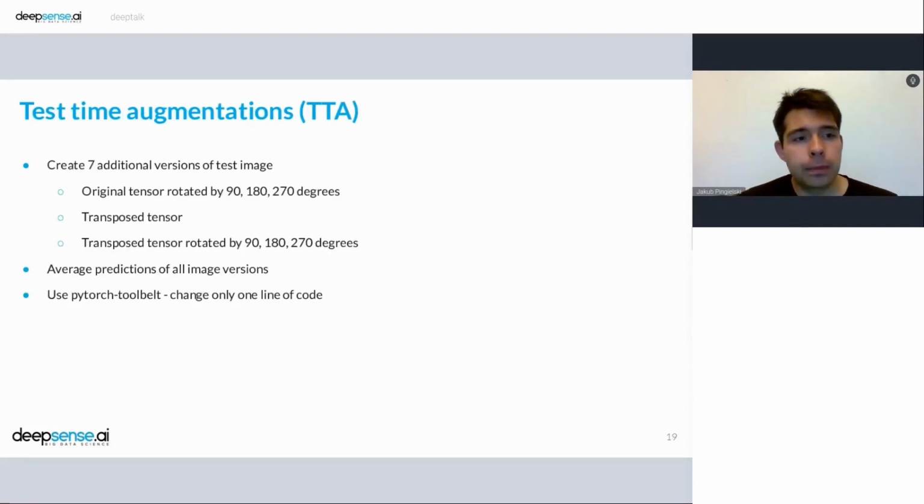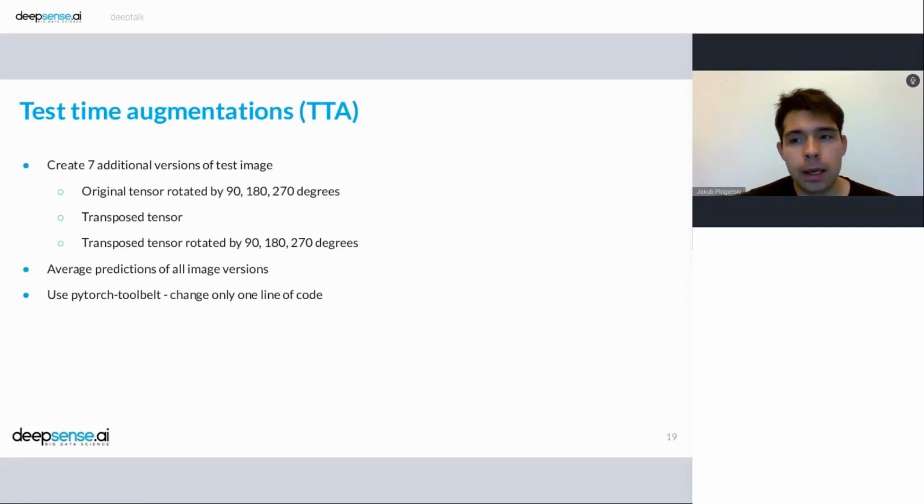Yet another thing that helped me during this competition was applying test time augmentations, TTA. What I did was for each test image during the inference stage, I created additional 7 versions of the test image by applying different rotations and transposition.